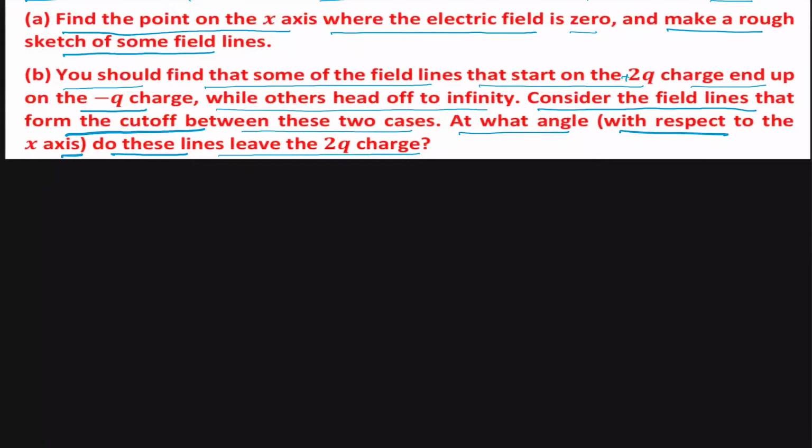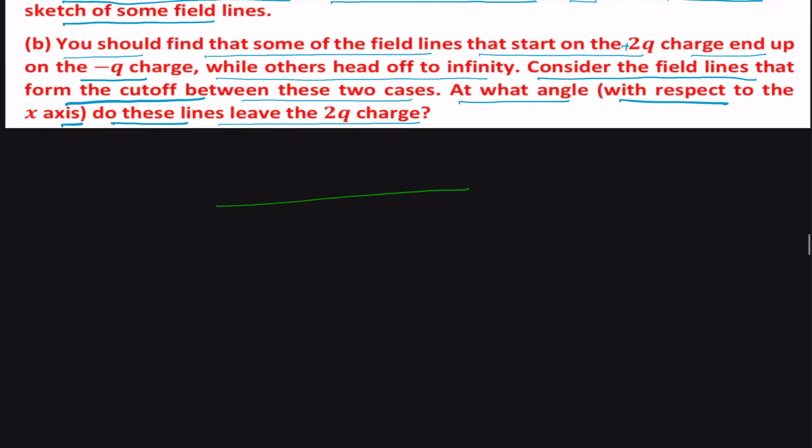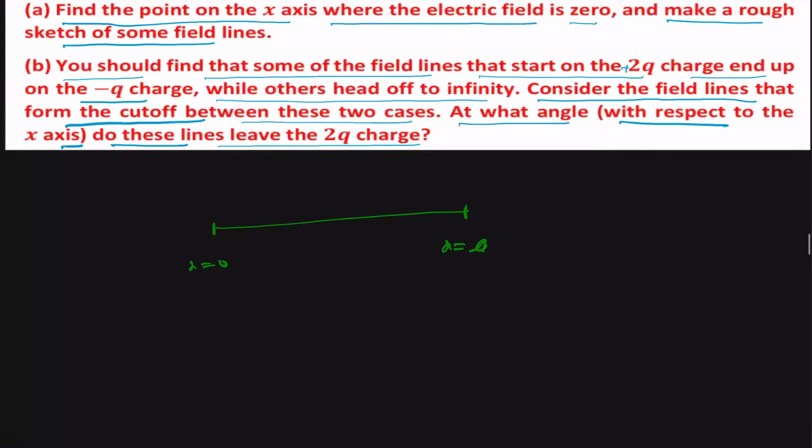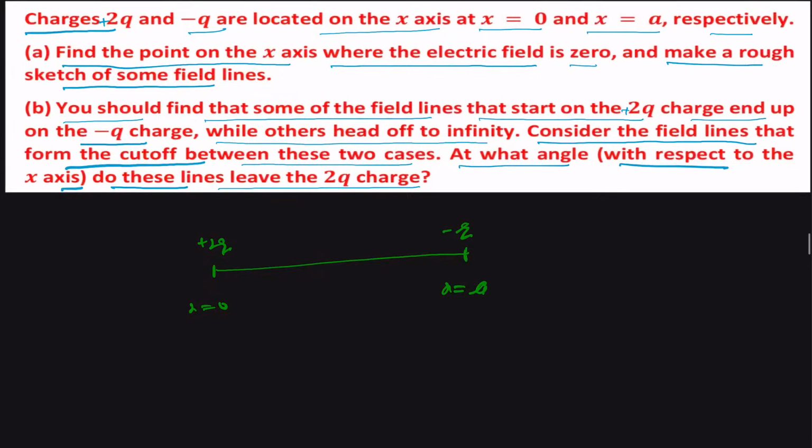In part A we are given an x-axis. Suppose this is our x equals 0 and the other end is x equals a. At x equals 0 we have a charge of plus 2q, and at x equals a we have a charge of minus q, and we have to find where the electric field is equal to 0.